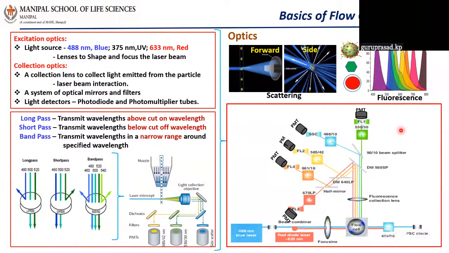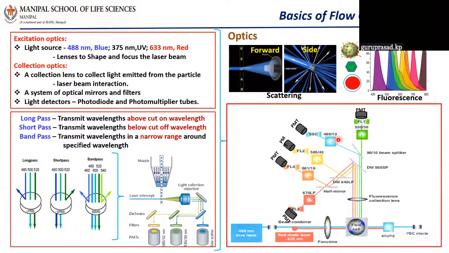Or suppose the cell is very complex, hitting many particles in the cell, the angle of deviation will be more than 90 degrees. So such kind of light is taken here and diverted to another detector. PMT stands for photomultiplier tube, and it measures the side scatter.